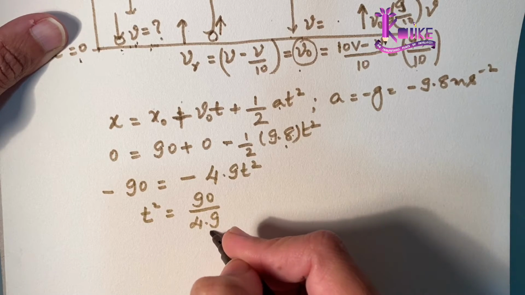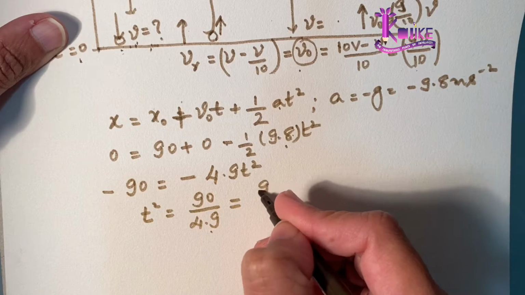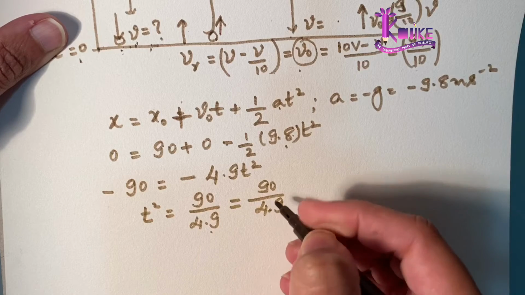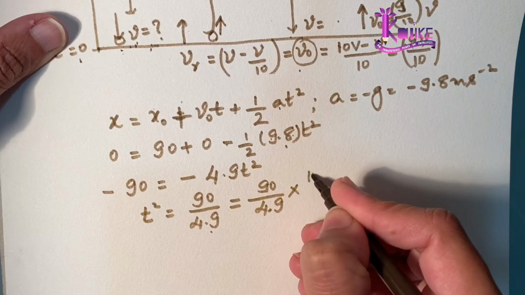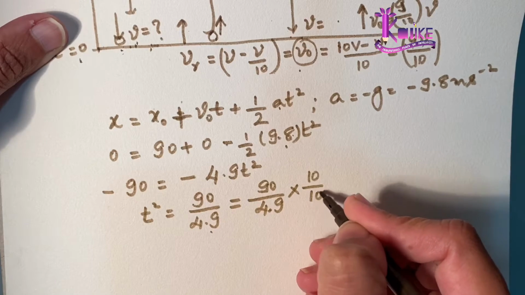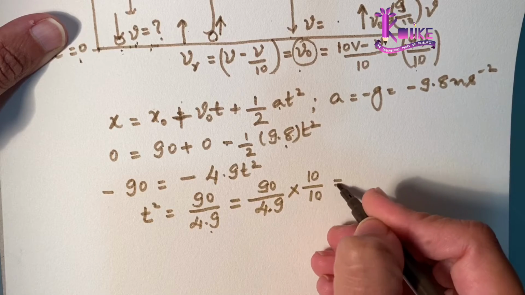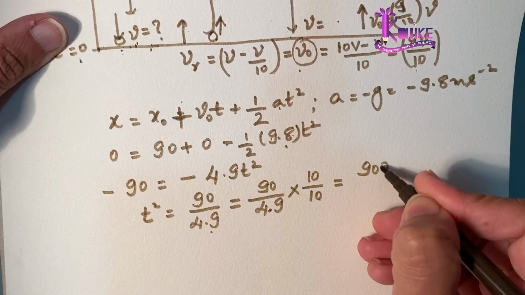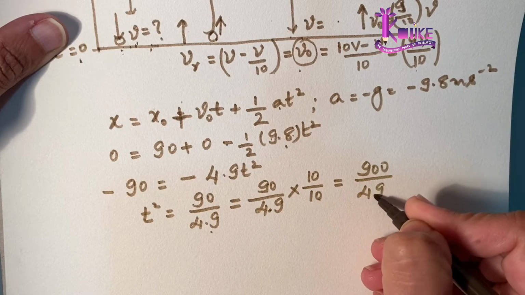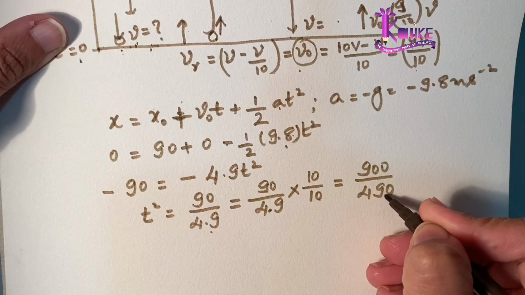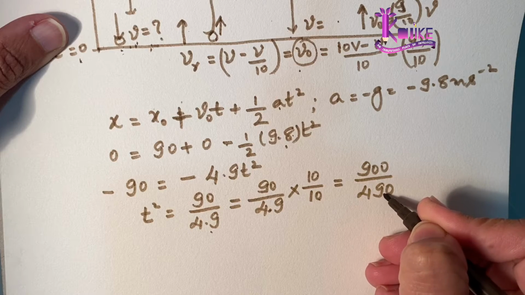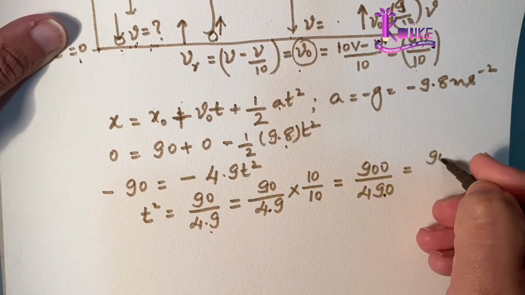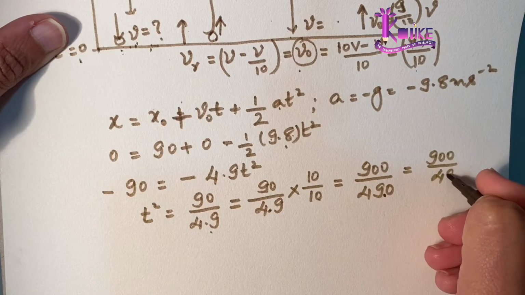Since I have a decimal in the denominator, I want to get rid of that decimal, and I know there is a decimal after one digit, so I multiply the numerator and the denominator with a number which has a single zero, so that I get rid of this decimal. So when I multiply this, this becomes 900 divided by 490. But you have a decimal here, so you keep it from the right after one decimal point. So this becomes 900 divided by 49.